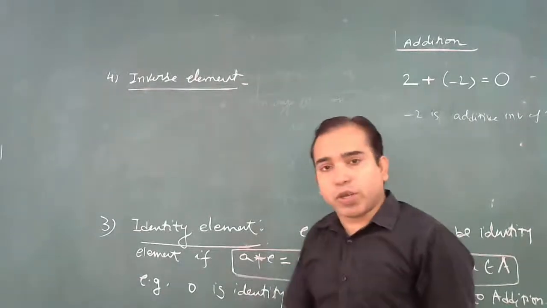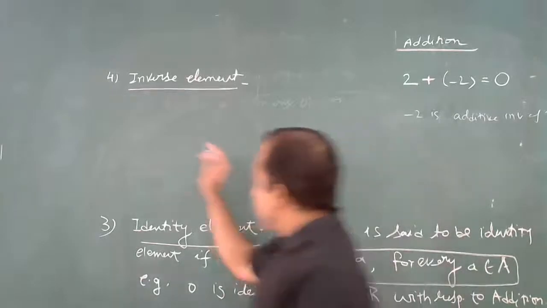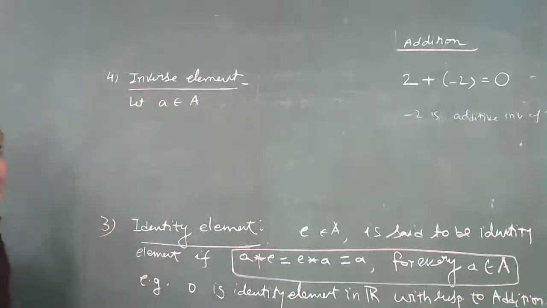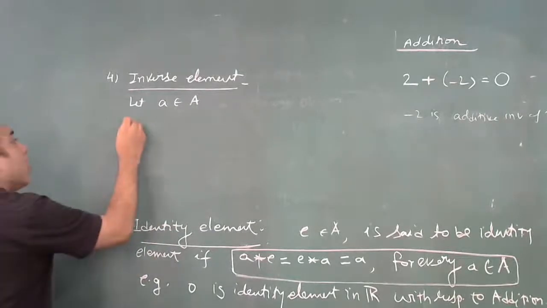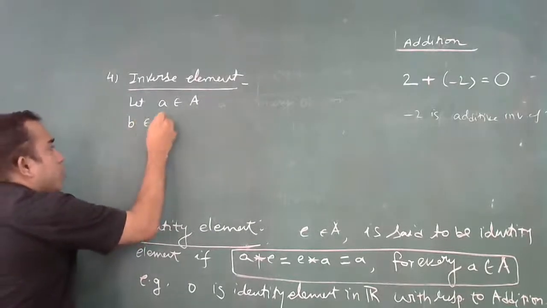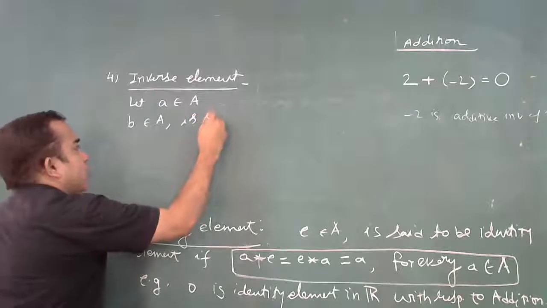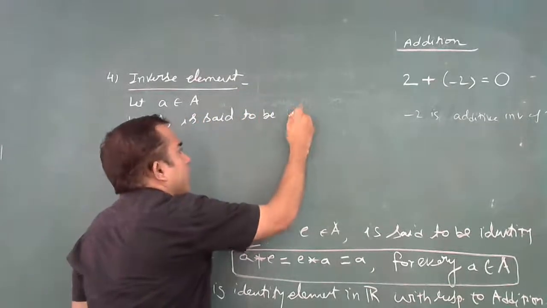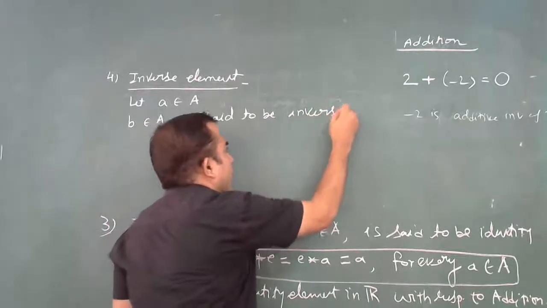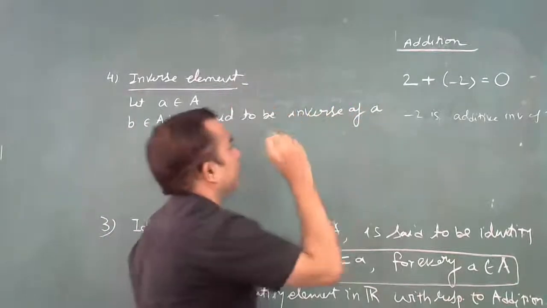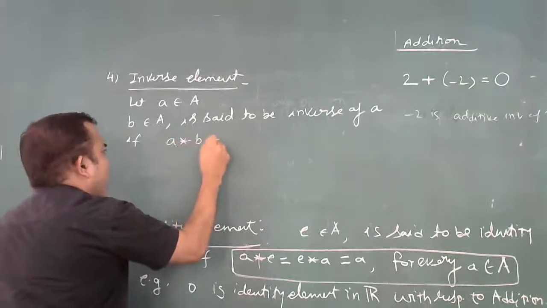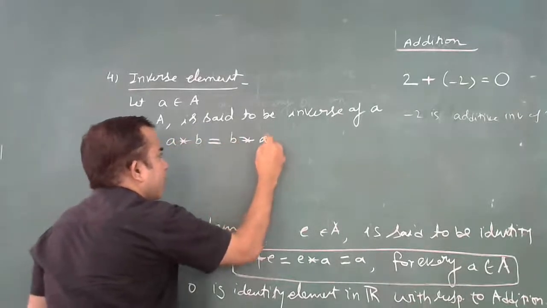Conversely also we say that 2 is additive inverse of minus 2, right? So you know, to understand that, let A is any element in capital A. B belongs to A is said to be inverse of A if what happens? A star B equals to B star A, and what you get?